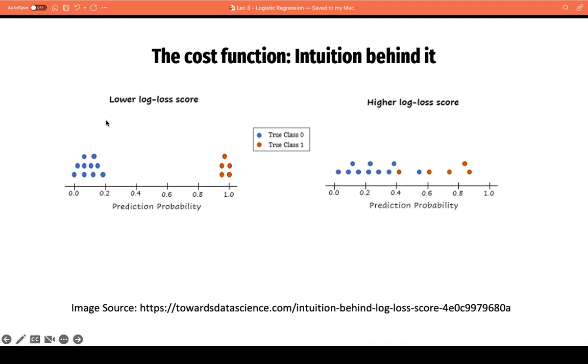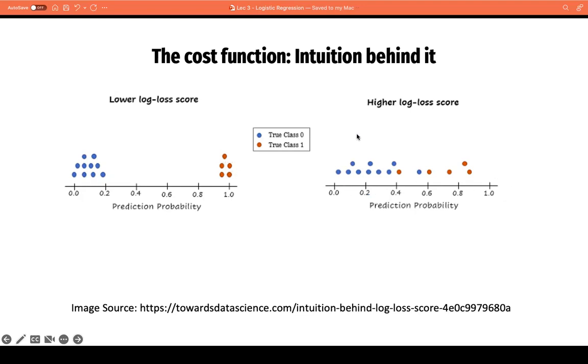So we want a log loss score that is smaller, because that means that there is a bigger gap between the classes. As you can see, the true class 0 instances are squished to probability 0 or close to 0, while the true class 1 instances are closer to 1.